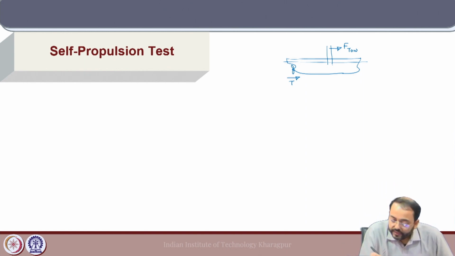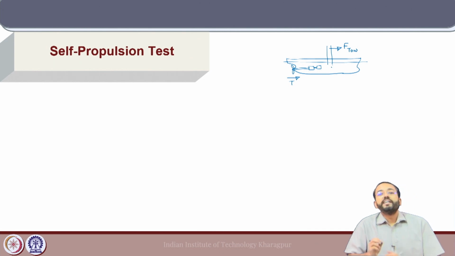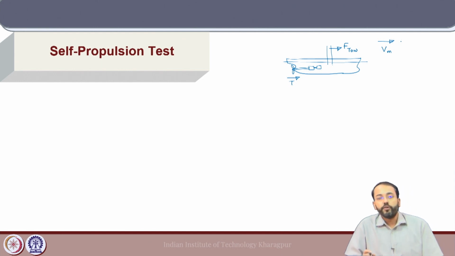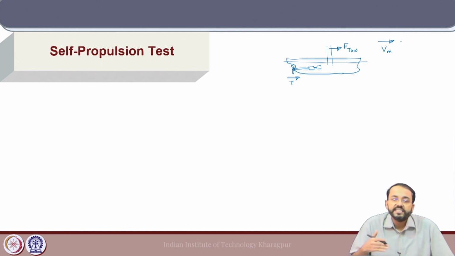Now, this propeller itself is connected to a propeller dynamometer and a motor, which propeller dynamometer is measuring the thrust and torque of the propeller. Now, for a specific model speed Vm at which the model is moving forward, we increase the RPM of the propeller in steps.